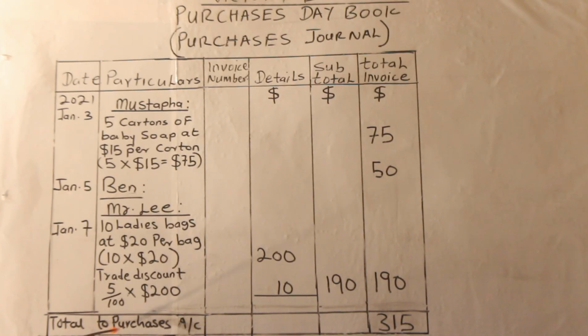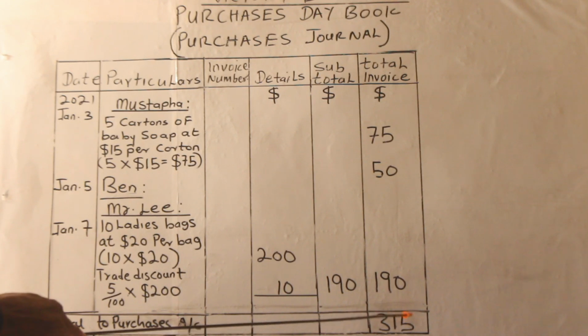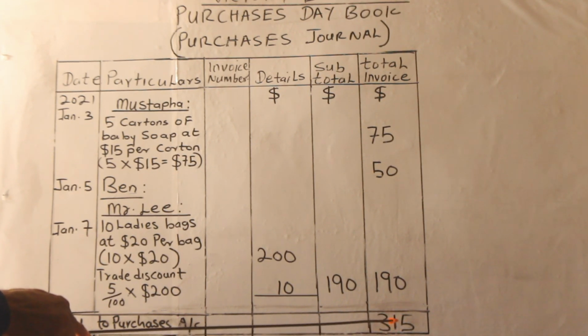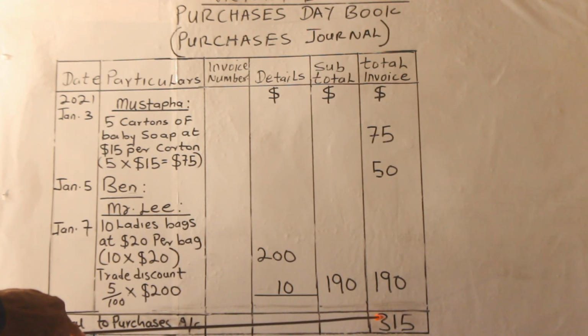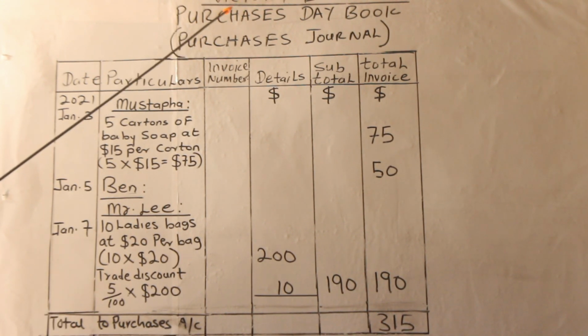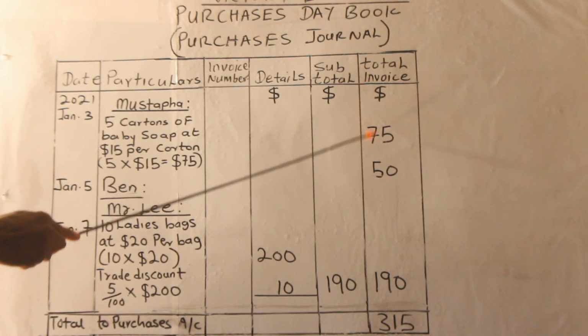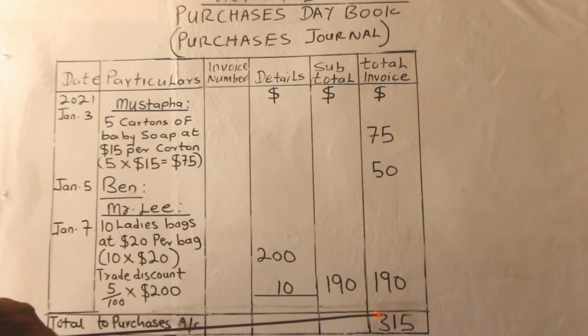So we have total to purchases account $315. It is this $315 that will now be posted to the debit side of Victory Enterprises purchases account. Recall that in the purchases account, both cash purchases and credit purchases are recorded in the same purchases account. We have seen that the purpose of the purchases daybook is to summarize the total credit purchases.